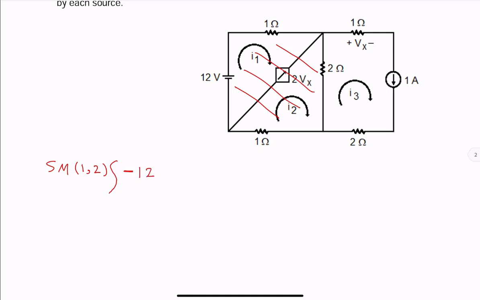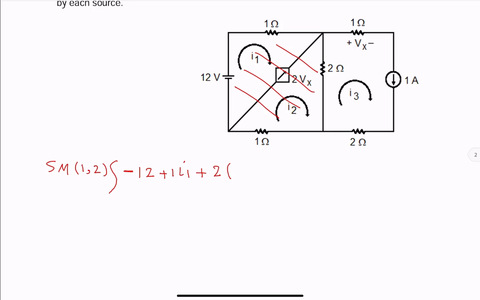On the top, we have a 1 ohm resistor moving from left to right, 1I1. Next, we are going down through the 2 ohm resistor. So we have positive 2 times the branch current going down.